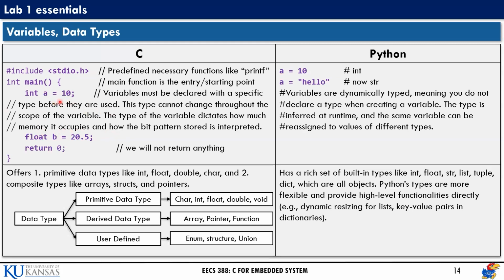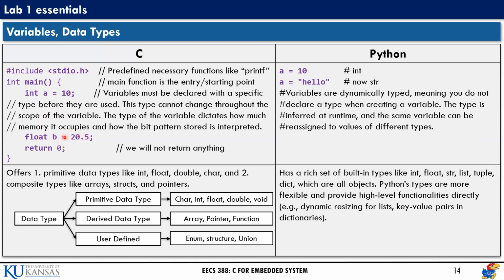But once you declare a variable with a type, for example, for float type variable b, we define a floating number.